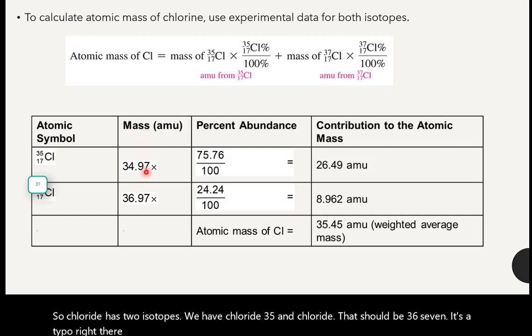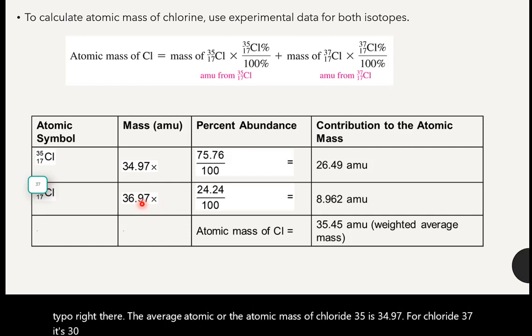The atomic mass of chlorine-35 is 34.97. For chlorine-37, it's 36.97. So we take their masses and then multiply them by their relative percent abundance.